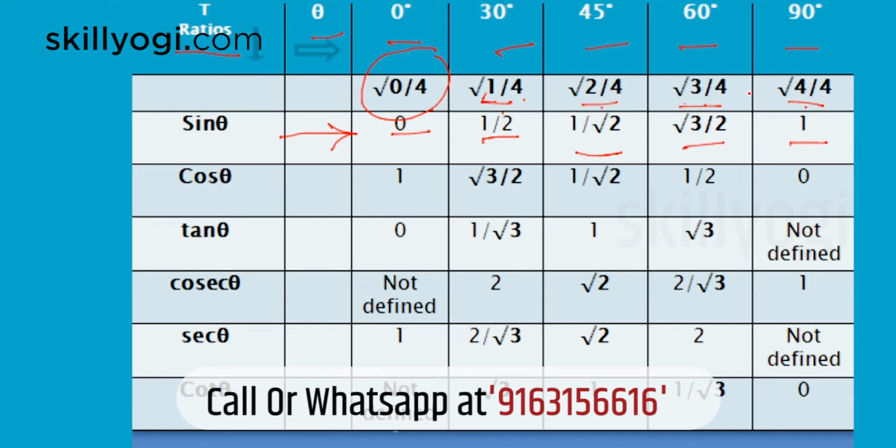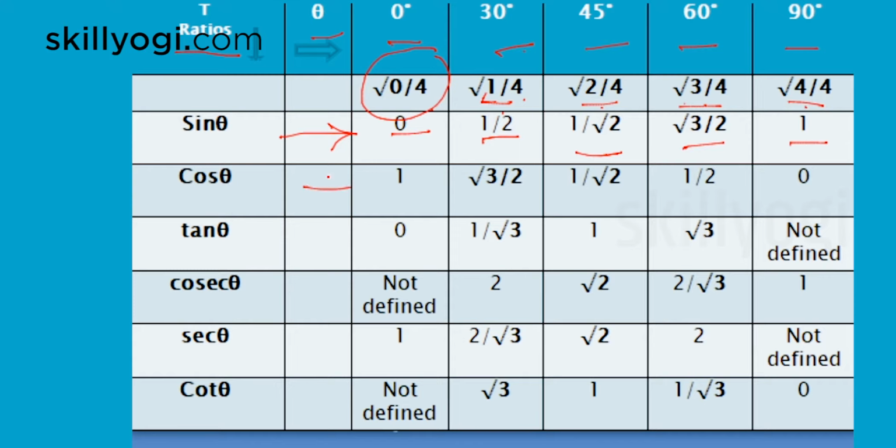0, 1, 2, 3, 4 and then all the denominators are 4 and we need to take square root of all these numbers. Now for cos theta, what we will do? For cos theta, we will not calculate anything. Just we will write all the values of sine theta from 0 to 90 degree in reverse order from 90 to 0 degree.